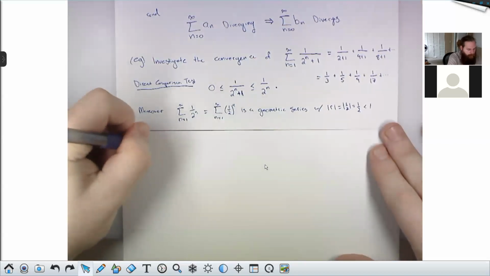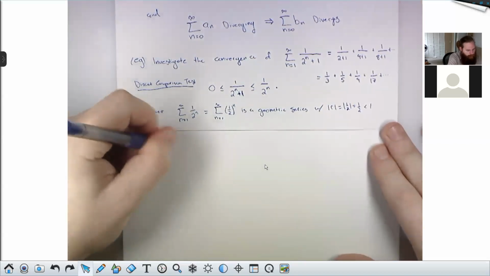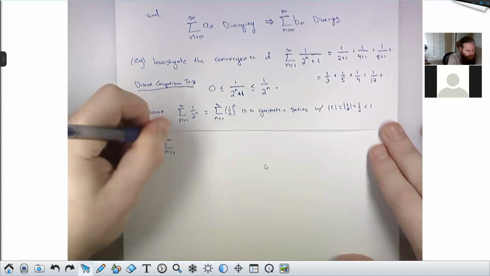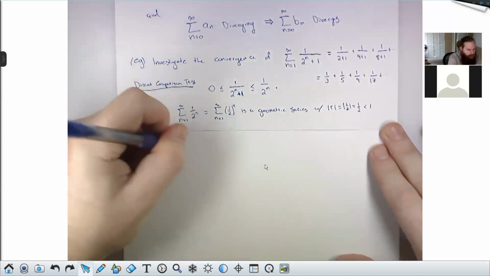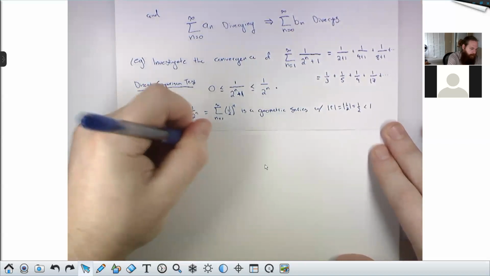Therefore, sigma n from 1 to infinity of 1 over 2 to the n converges.